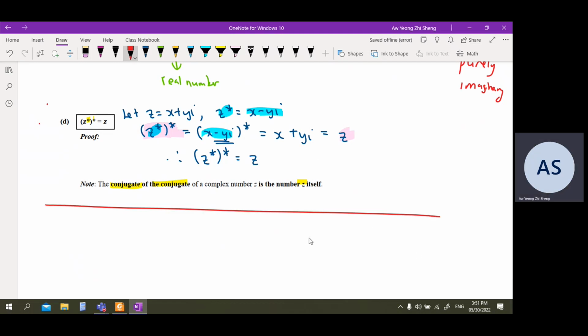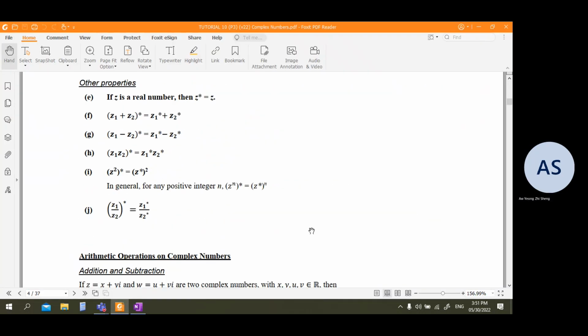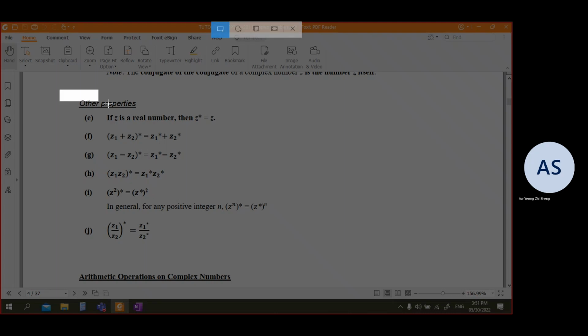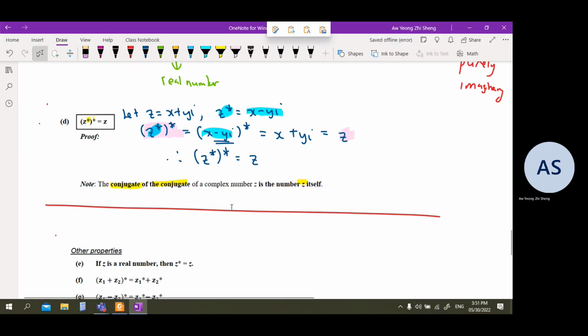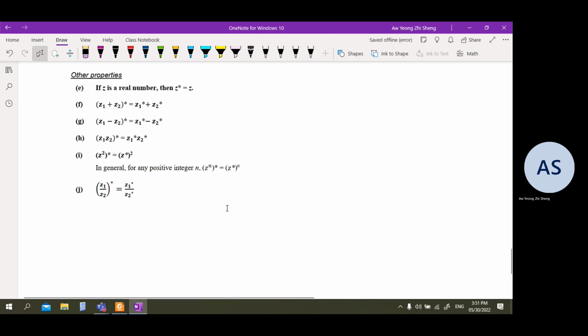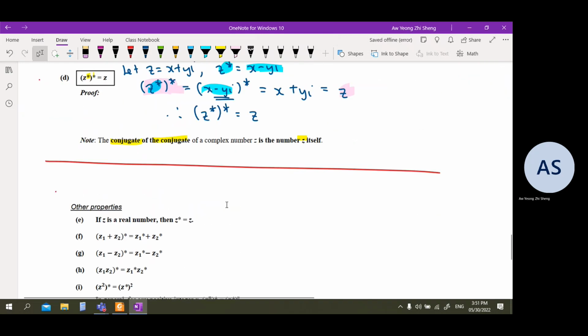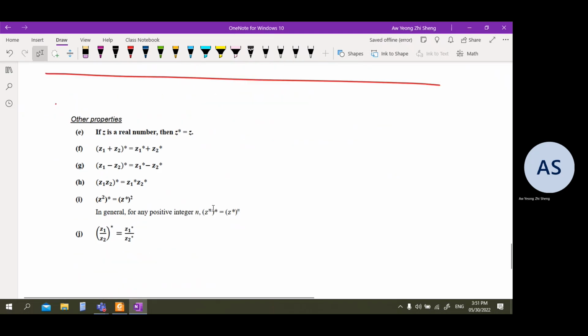Okay, next, other properties. So if z is a real number, then z star will be equal to z.